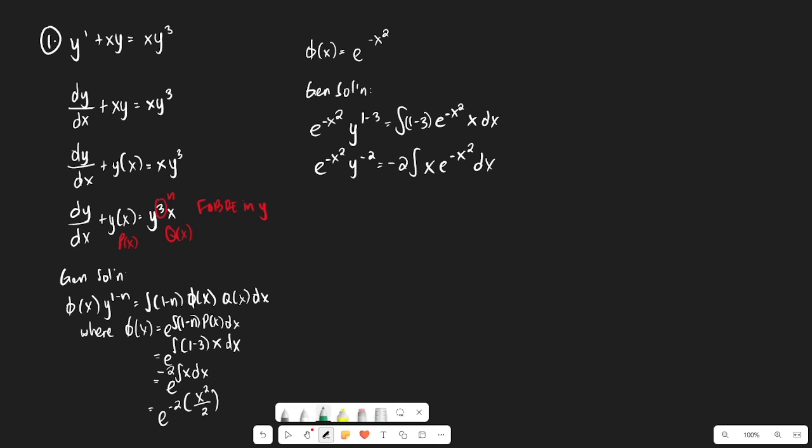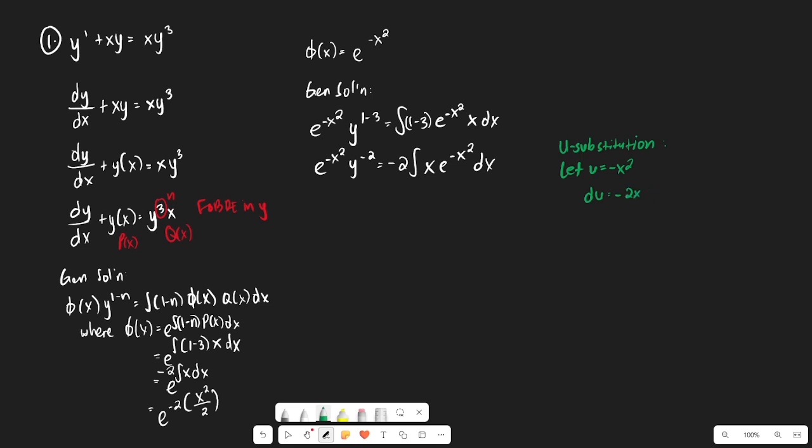You can use u substitution right here, where you can let negative x squared be your u. So when we let u be equal to negative x squared, du, or the derivative of negative x squared, is actually negative 2x dx.